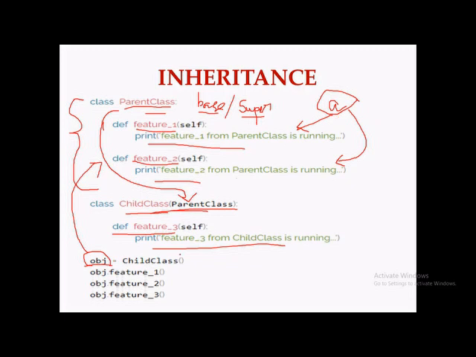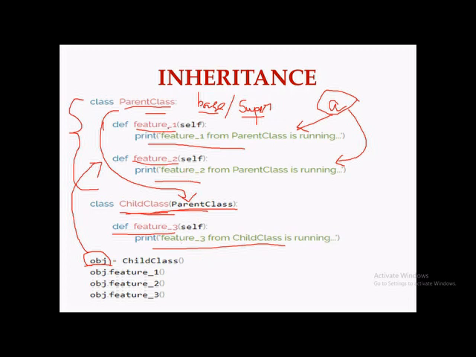Okay, see here, we have two classes, that is parent class and child class. Parent class is inherited to child class. So there is a concept: the object that we create for the derived class can also be used to call the functions of the parent class. Normally, we access the functions and variables of a class with respect to its object.